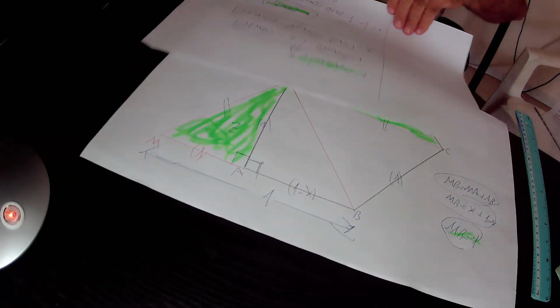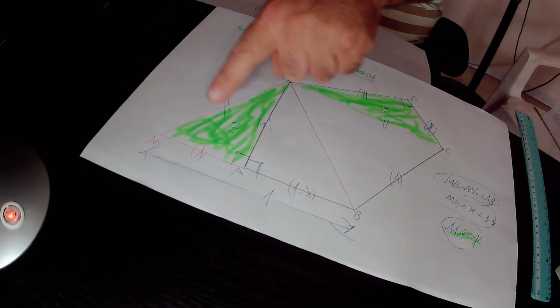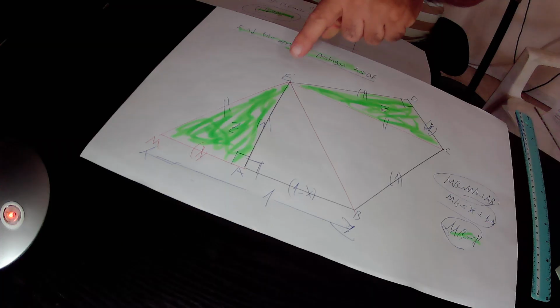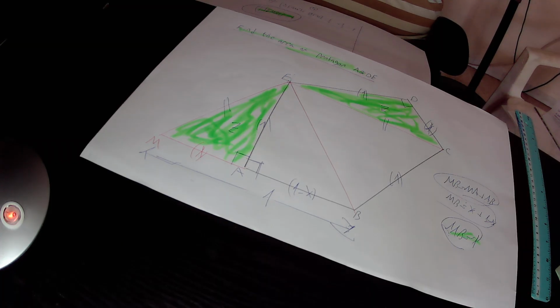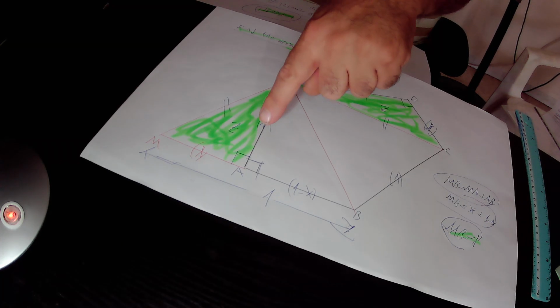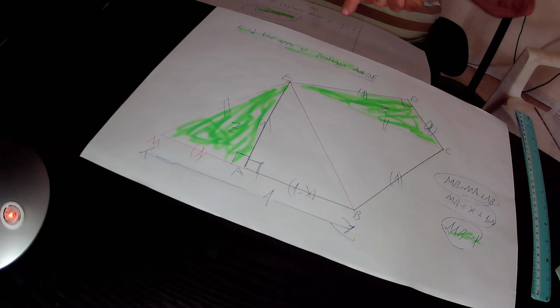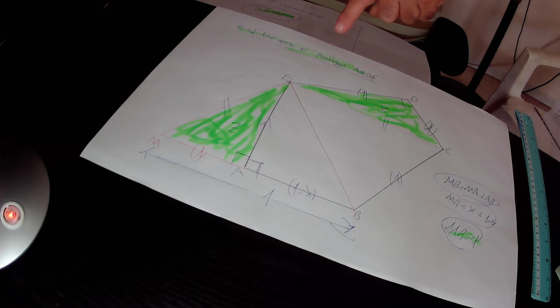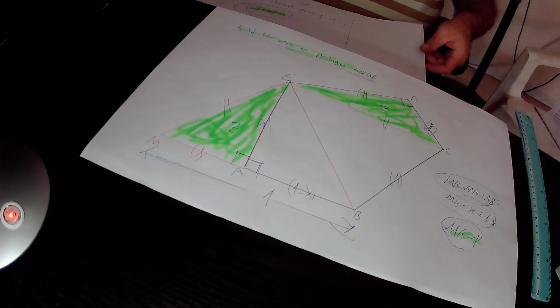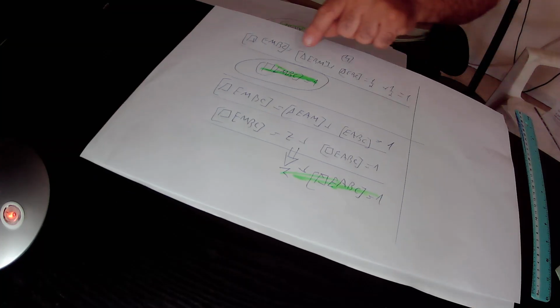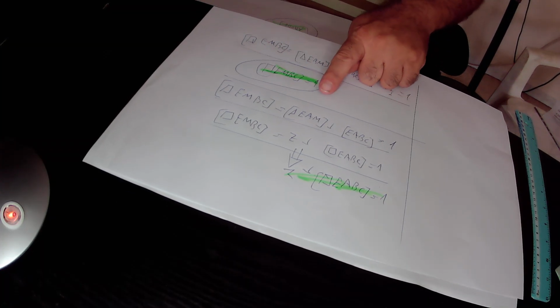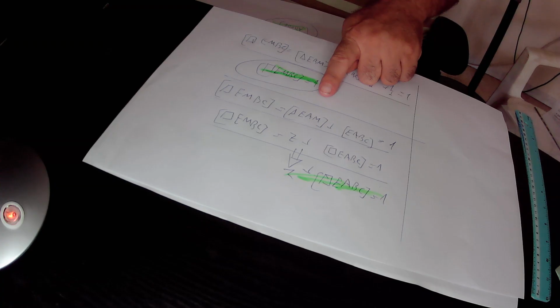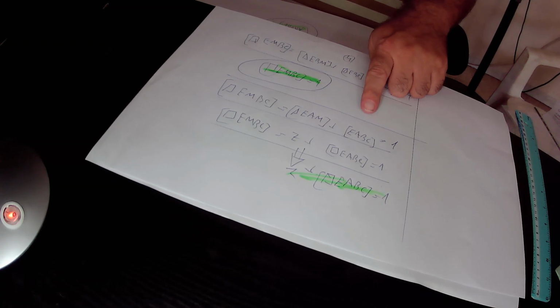But what is the area of this quadrangle EMBC? It will be equal to the area of the green right triangle EAM plus the area of quadrangle EABC.